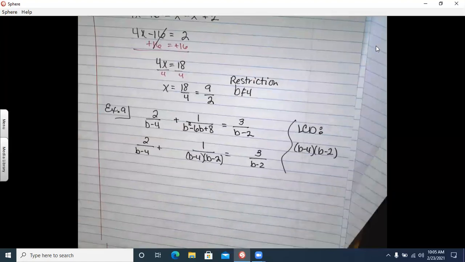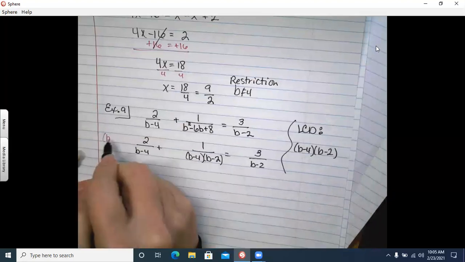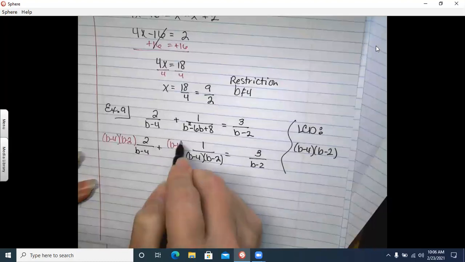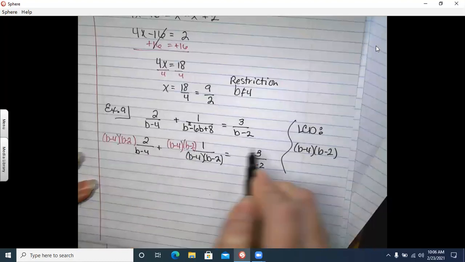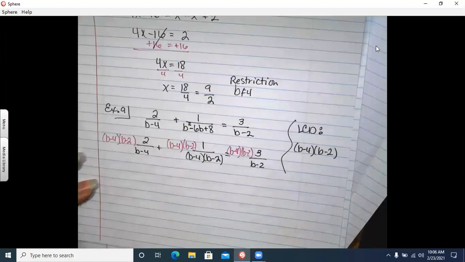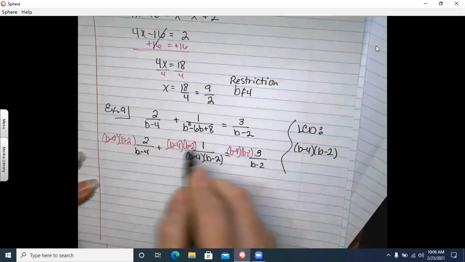So if I multiply every term by B minus 4 and B minus 2, and then I'm going to come back and cancel. So my B minus 4's cancel in the first fraction. In the second one, B minus 4's cancel, B minus 2's cancel.